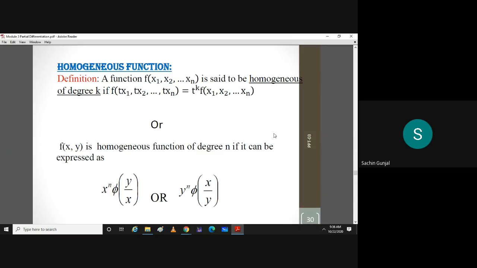So moving ahead in partial differentiation, let us introduce the notion of homogeneous function.